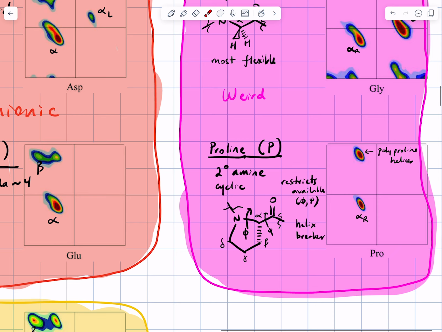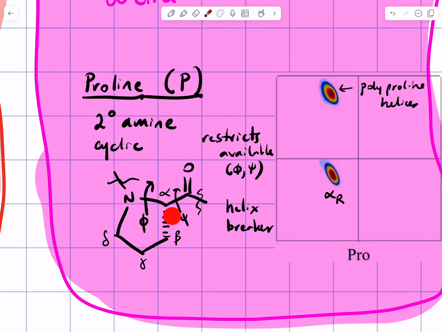Proline as well is weird because it's got this cyclic side chain that we've already talked about and restricted conformational freedom. Even though it's got dihedral angles that would be comfortable in an alpha helix, proline doesn't work well in an alpha helix because alpha helices involve hydrogen bonds, and proline's nitrogen is incapable of being a hydrogen bond donor. It lacks the NH group.